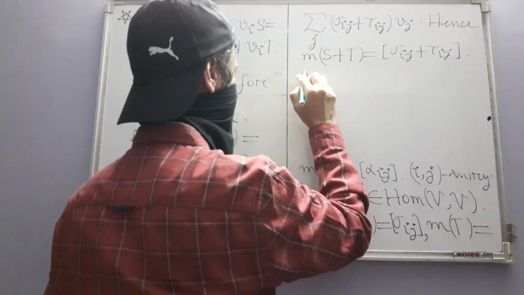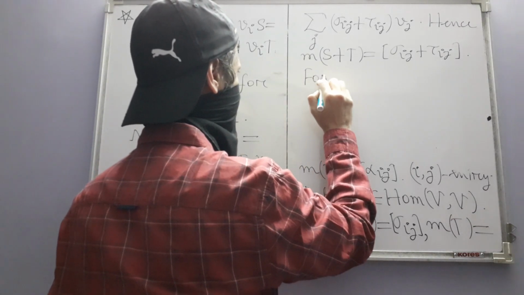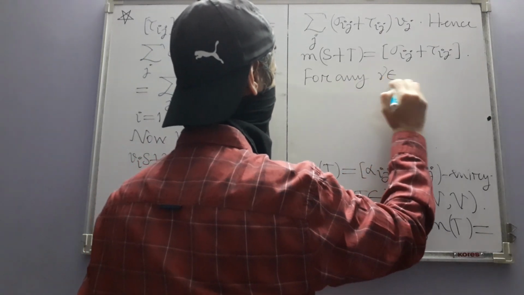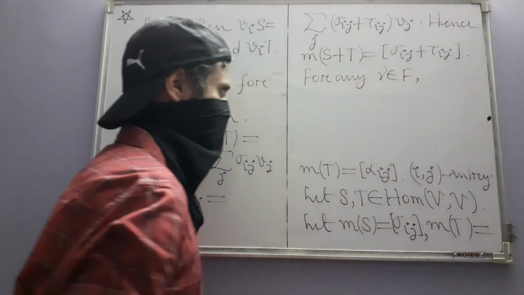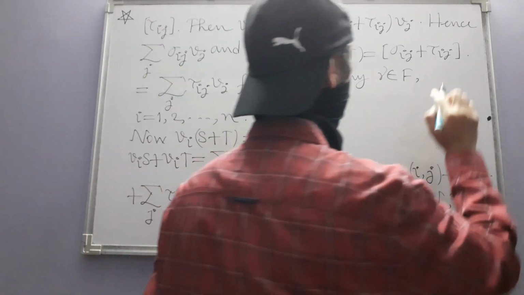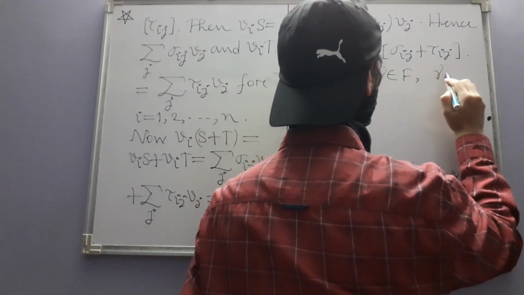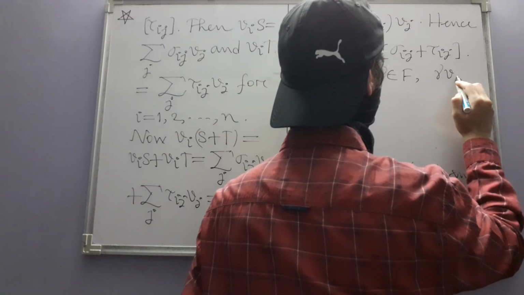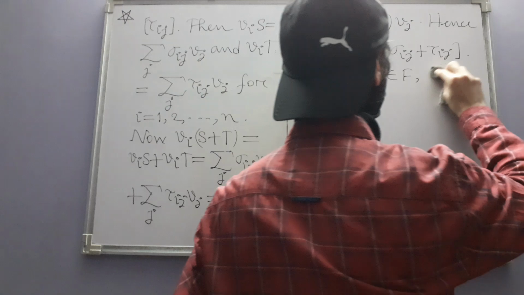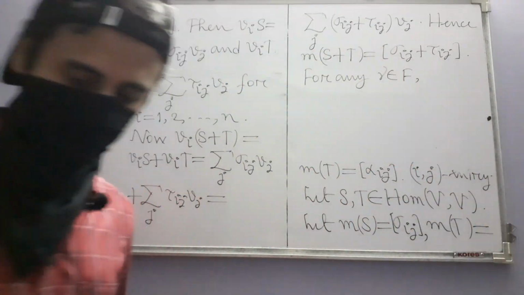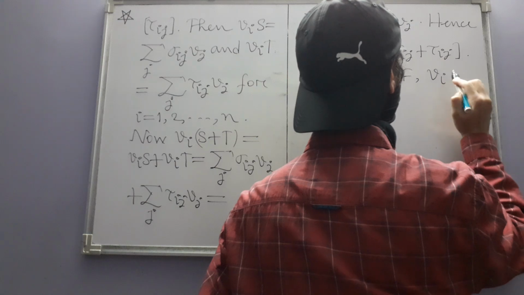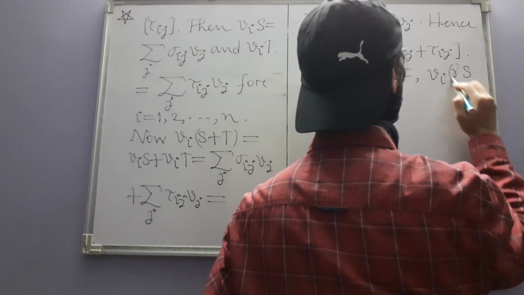Next, for any scalar gamma coming from the field, what shall I get if I try to calculate, well, not this one, but this, say, Vi (gamma S).